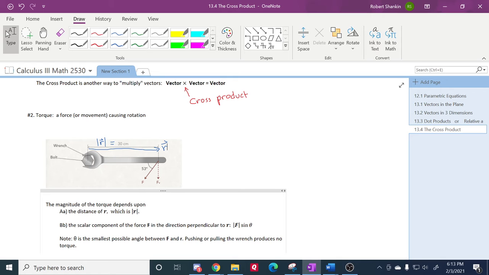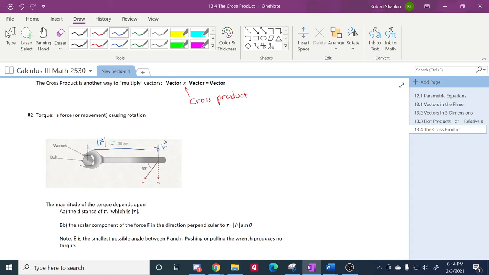It's the perpendicular component of the force that you're pushing with that is going to give you the torque. The other part of this vector, which goes in between these two vectors, is just wasted energy. You're kind of pushing in on the bolt, and that doesn't do anything to rotate it.